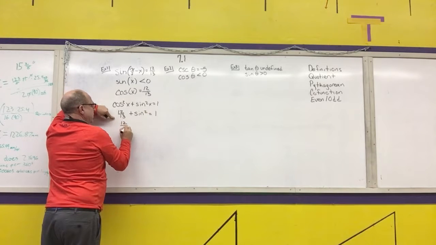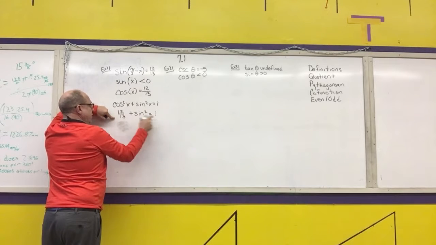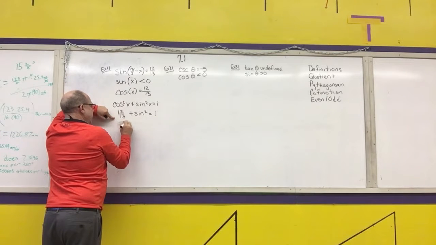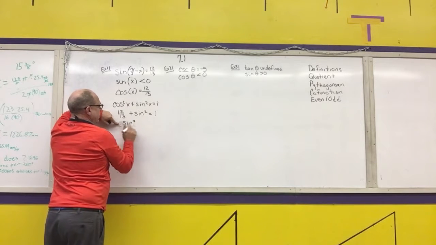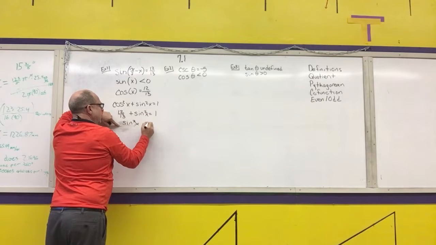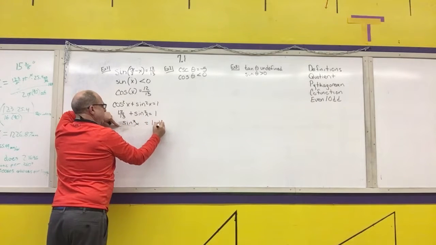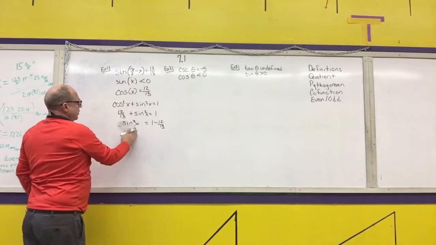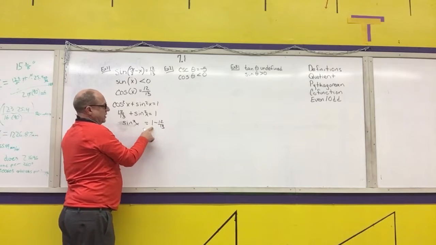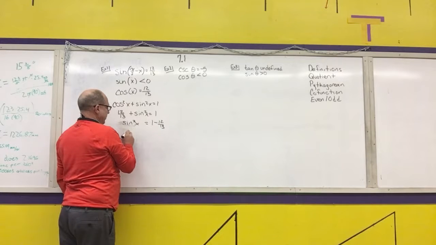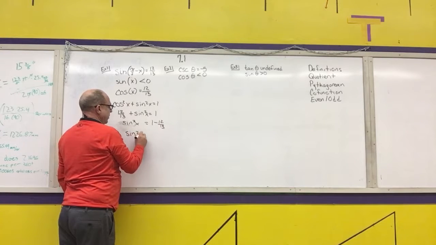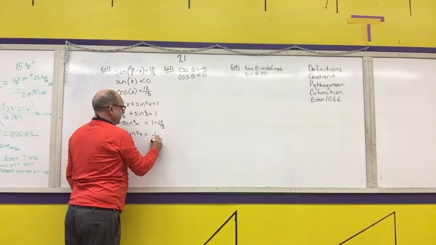I'm going to subtract the 12 thirteenths from both sides. So I get sine squared is equal to 1 minus 12 thirteenths. 13 thirteenths minus 12 thirteenths is 1 13th. So sine squared of x is equal to 1 13th.